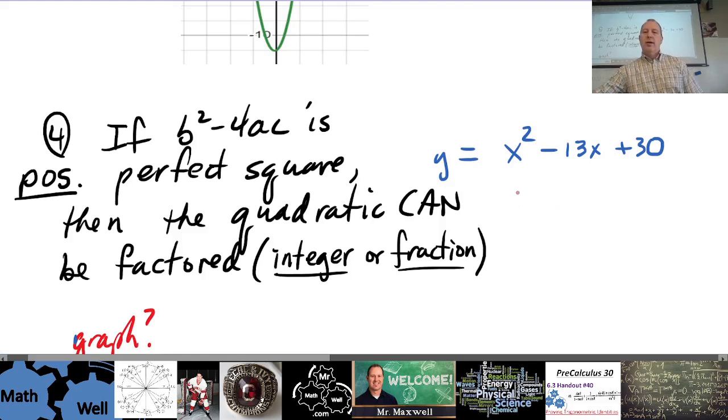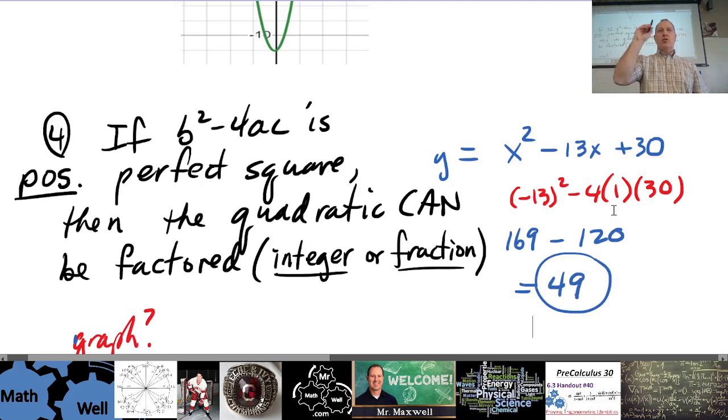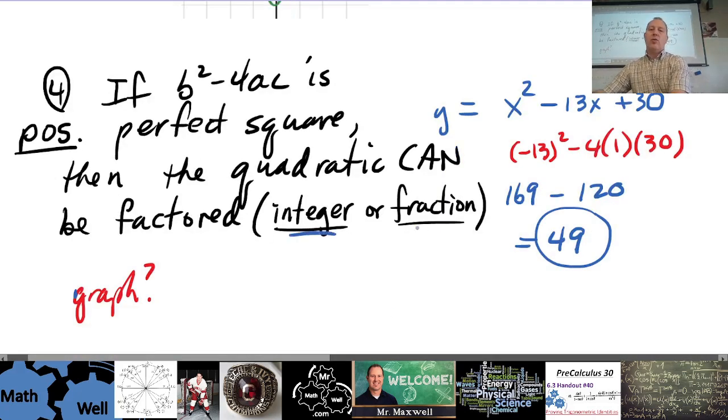Okay, so b squared, that's negative 13 squared minus 4 times 1 times c, which is 30 in this case. So this is going to be 169 minus 120, and that's going to be 49. So if it's a perfect square, like our first example, the square root is going to be gone, and that's going to simplify to a regular old number, which means you're going to either have an integer or a fraction.